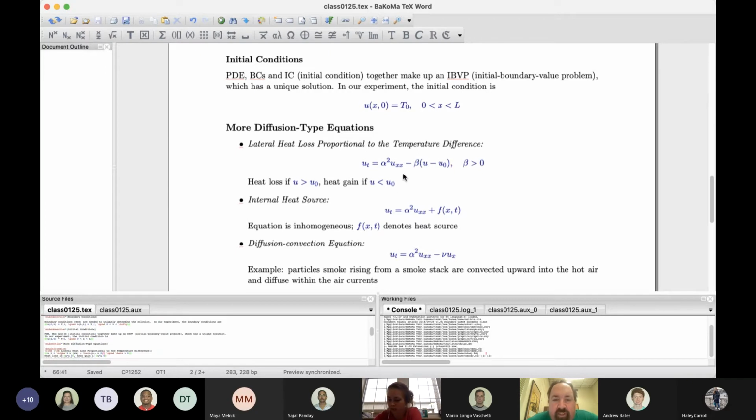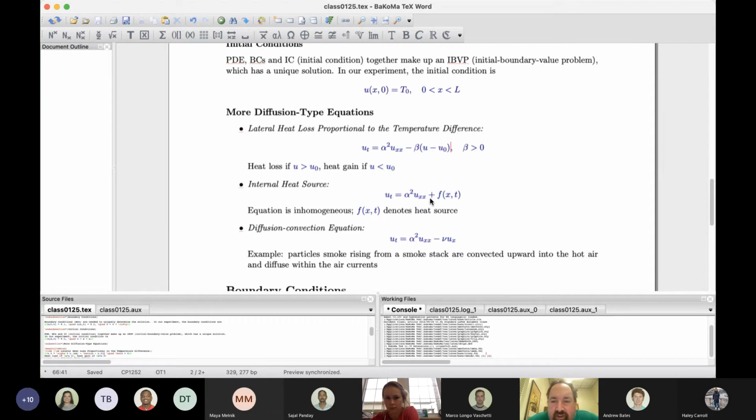If the temperature within the rod is greater than the surrounding temperature, then this whole term is going to be negative, contributing to a decrease in the temperature going forward. And a heat gain similarly if the temperature in the rod is less than the surrounding temperature, which makes sense because, as we know, heat flows from regions of high temperature to regions of low temperature.